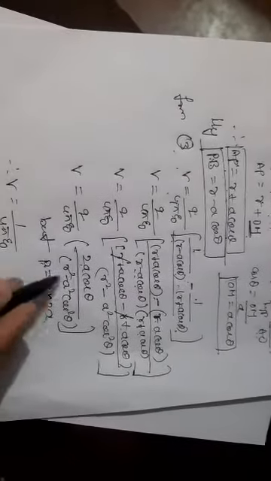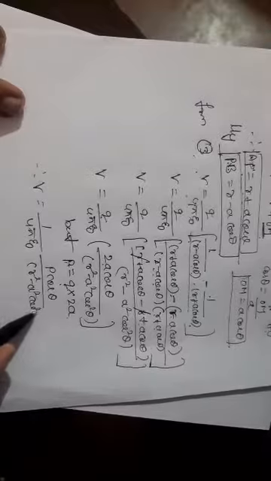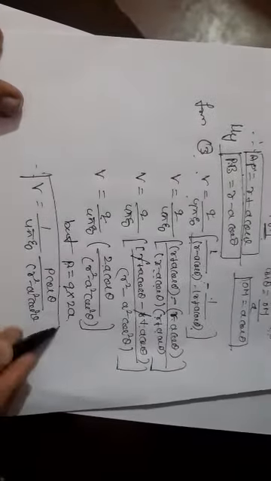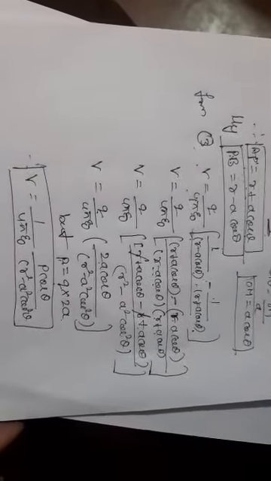That is V is equal to 1 by 4 pi epsilon naught, that is q2a, that is called p, cos theta divided by r square minus a square cos square theta. This is the expression for electric potential in the presence of dipole moment.